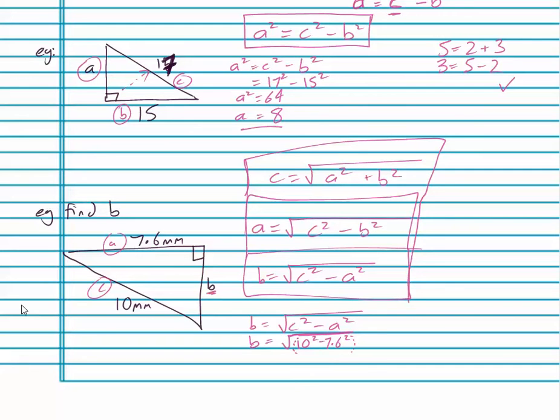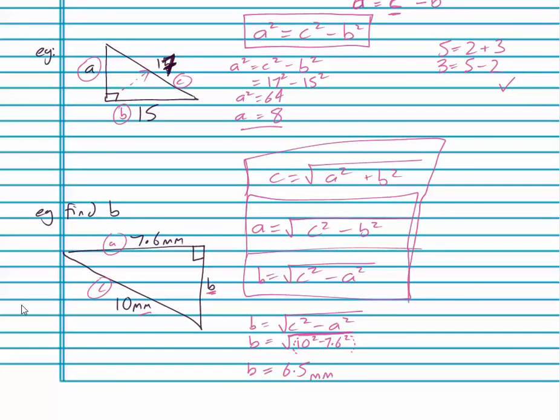So if you type it into your calculator, you must use those brackets. Calculators don't remember about invisible brackets all the time. B equals the square root of, and you put your brackets in, 10 squared minus 7.6 squared. Finish your brackets, and we get 6.5, and it's millimeters because there were millimeters in the question.